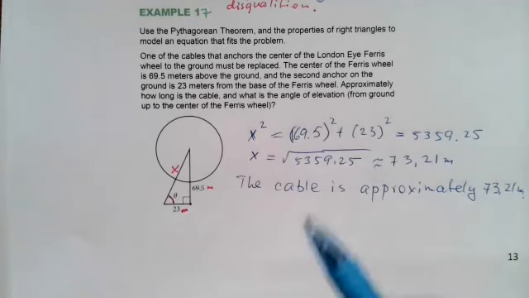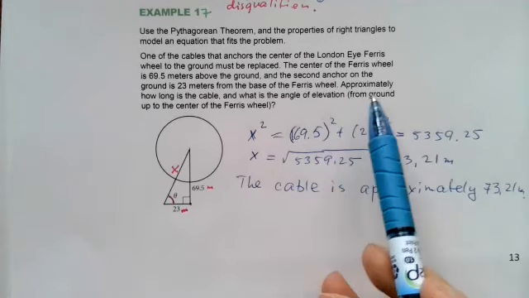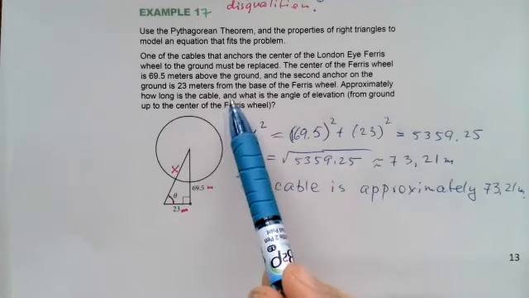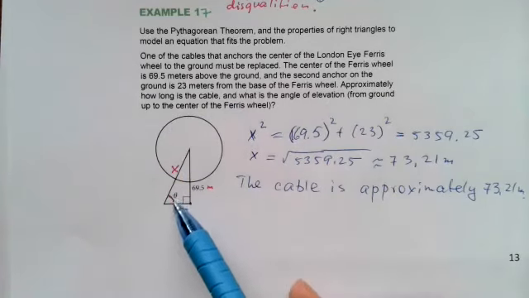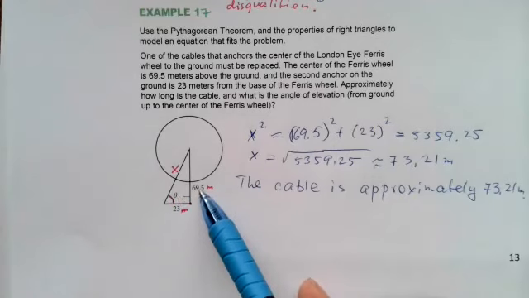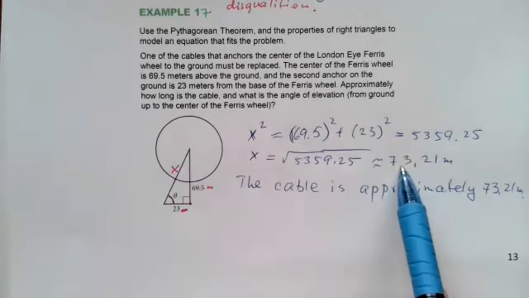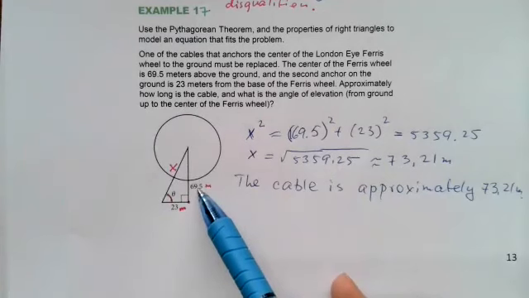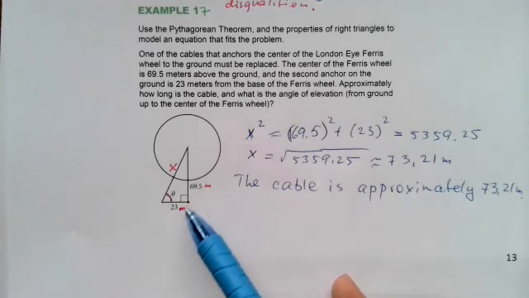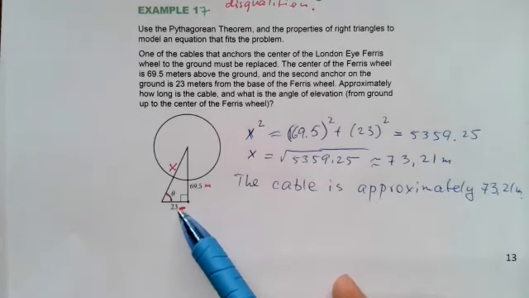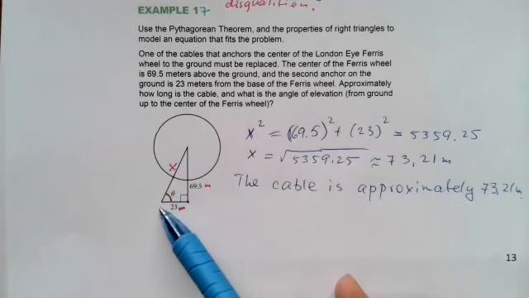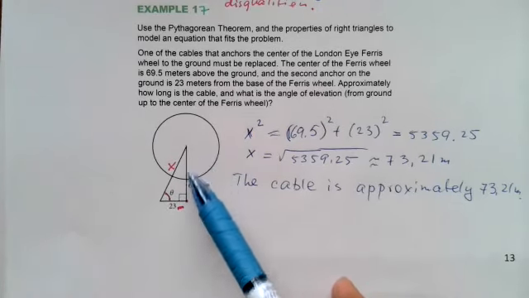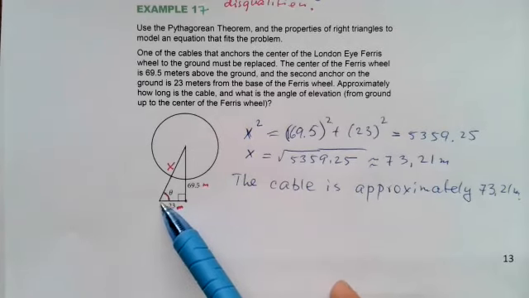Okay, so the next question, the angle of elevation from the ground, so theta. Well, this is the approximate value. I'm going to treat these as exact values, so I would like to use that. So which trig function of angle theta uses these two sides, the opposite side and the adjacent side?